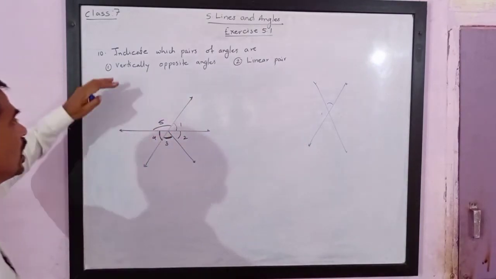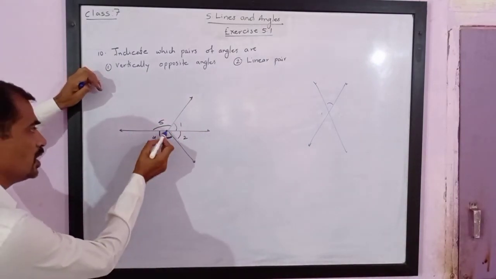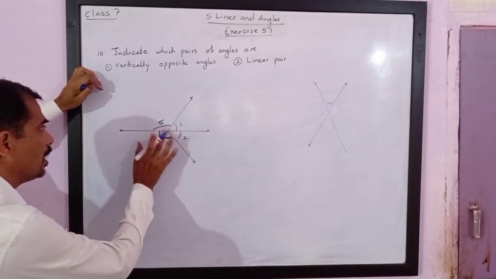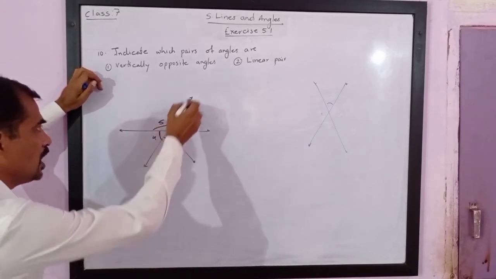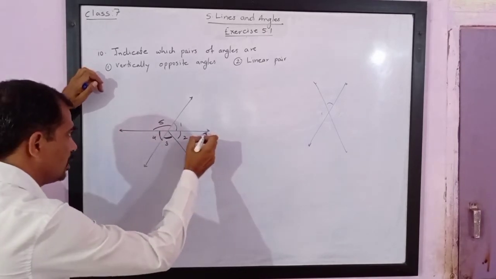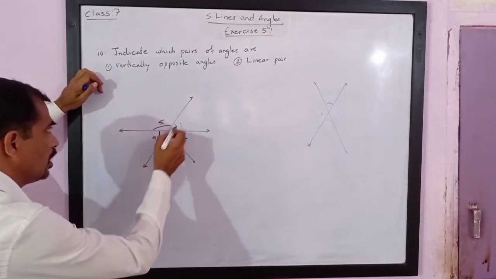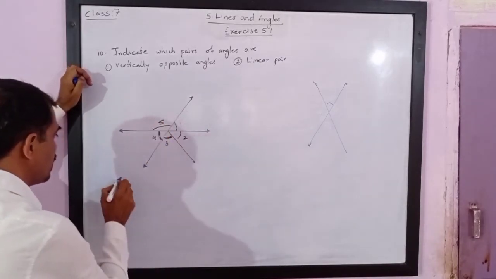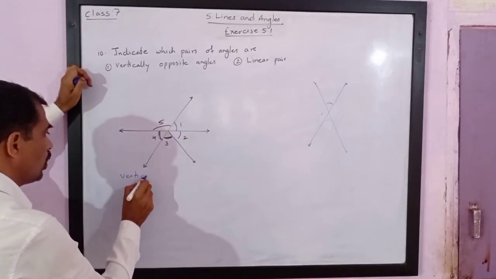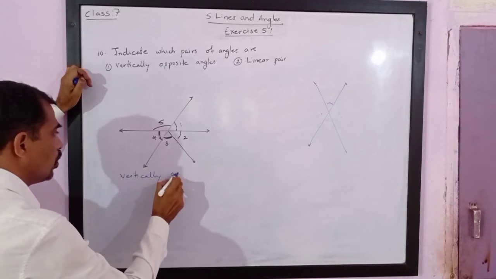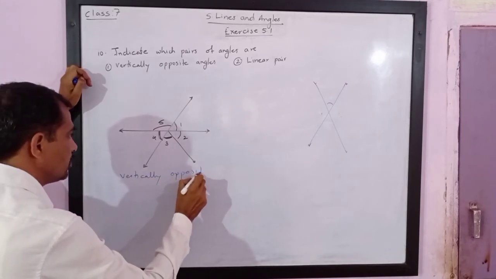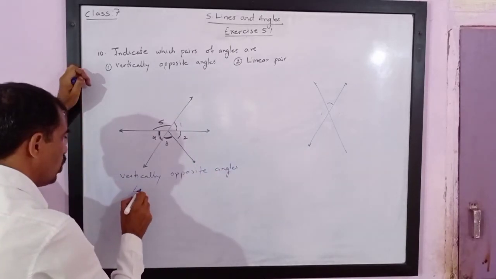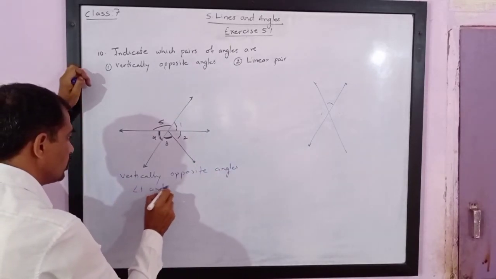Now here, vertically opposite angles. So please note, this is a ray, so it has nothing to do with the vertically opposite angle. These are the two lines actually intersecting. So hence, vertically opposite angles are angle 1 and angle 4.